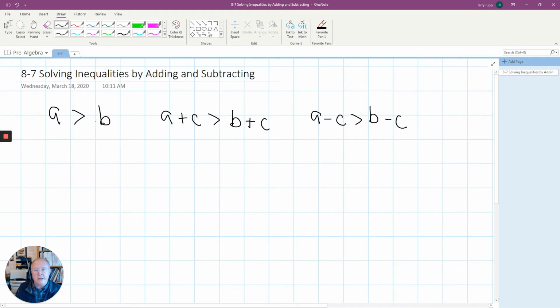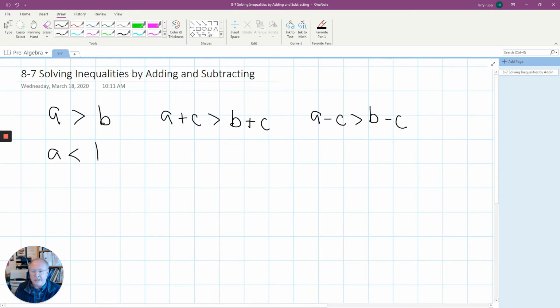So if A is originally greater than B, if you add the same thing to both sides, then you still have the same value equality. It's still true. Likewise with subtraction, if you take away the same amount from both sides, you still have a true inequality. The resultant A will still be greater than the resultant B. All right. And again, the reverse is also true.